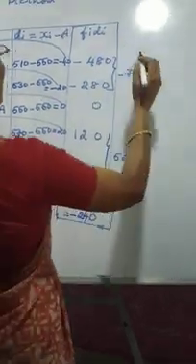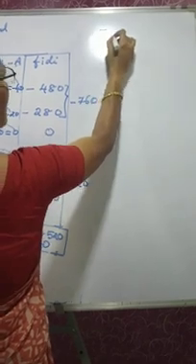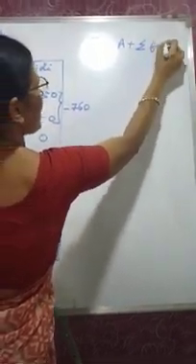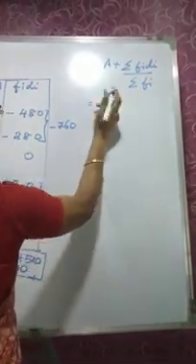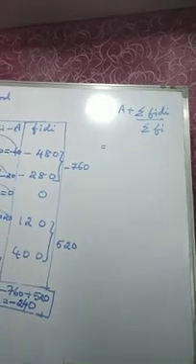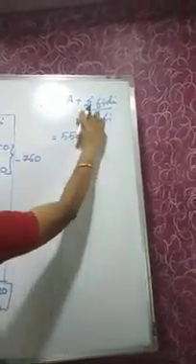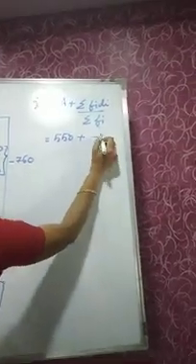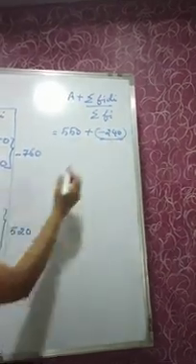The formula to calculate assumed mean method is x bar is equal to A plus sigma Fi di upon sigma Fi. A is the assumed mean, it is 550. Sigma, total of Fi di column, which is minus 240. Sigma Fi is 50.